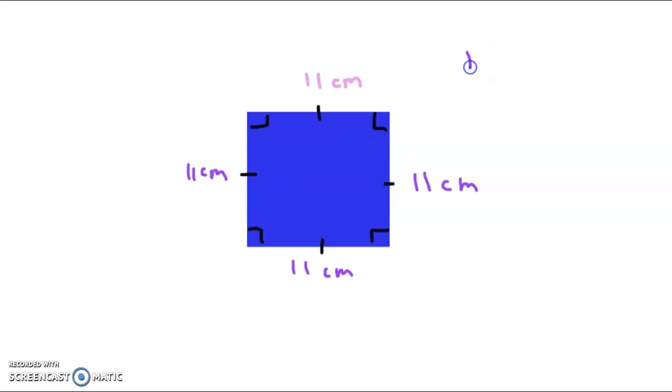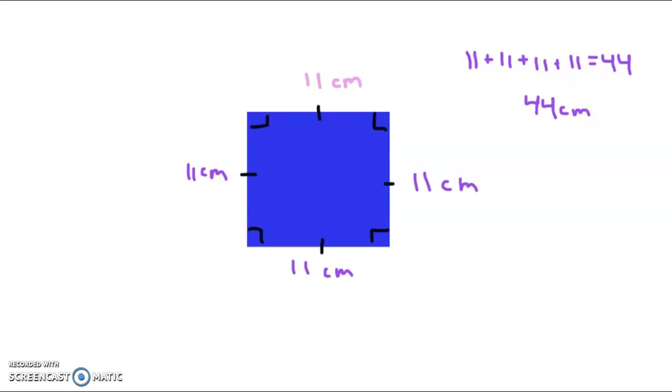So we do 11 plus 11 plus 11 plus 11, which equals 44. So we can say the perimeter of this square is 44 centimeters.